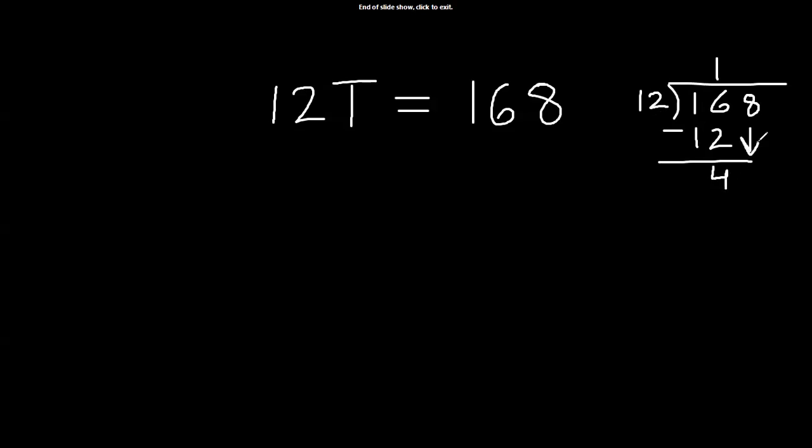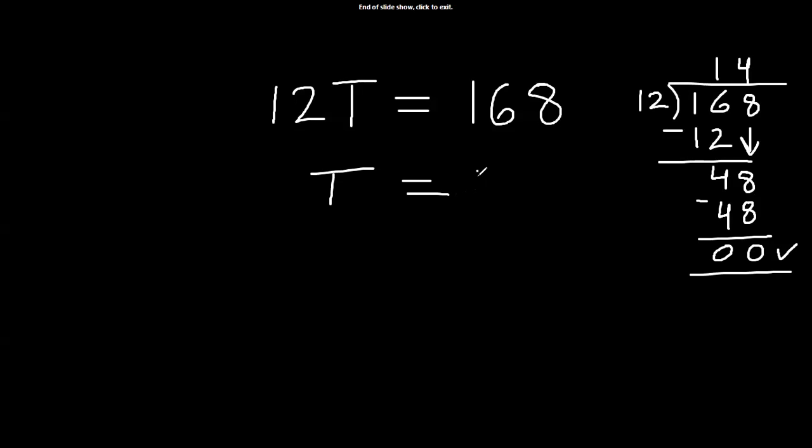Bring down the 8. 12 into 48 is what? 4, I think it's 4, yeah. 12 times 4 is 48. 48 minus 48 is going to be what? 0. All right, are we done? Do you understand this? All we have to do is divide it. So once we divide it, t is equal to 14.